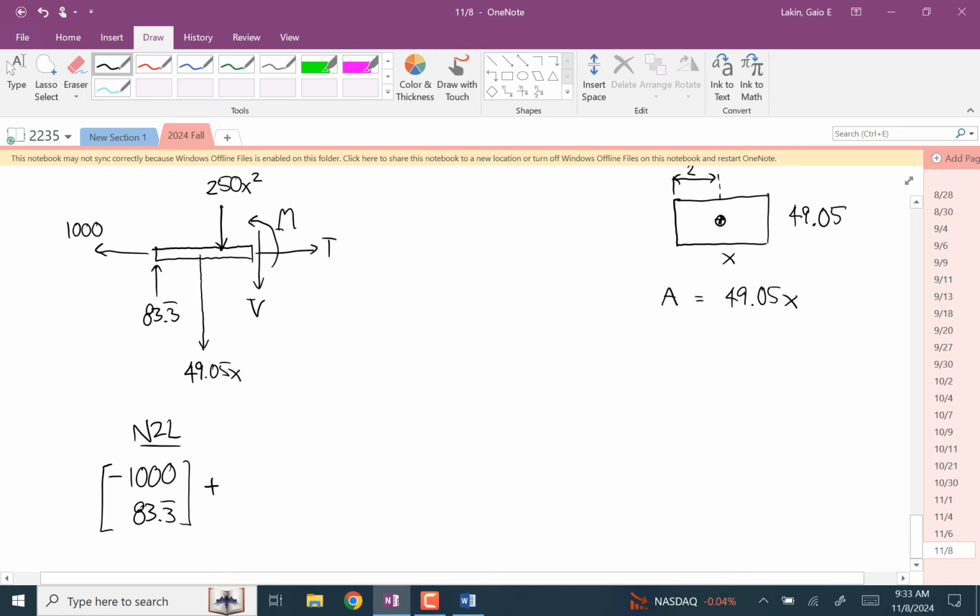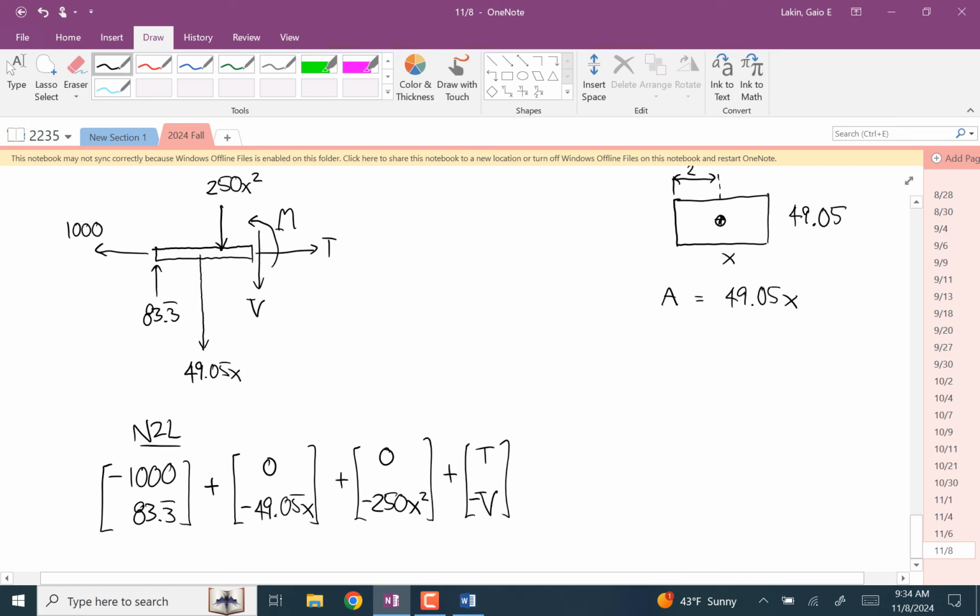The arrow for this 49.05x is in the negative y direction, so this is 0, negative 49.05x. The 250x squared is also in the negative y direction, so 0, negative 250x squared. And then plus T, V, I'll just put them in one vector, is equal to zeros.